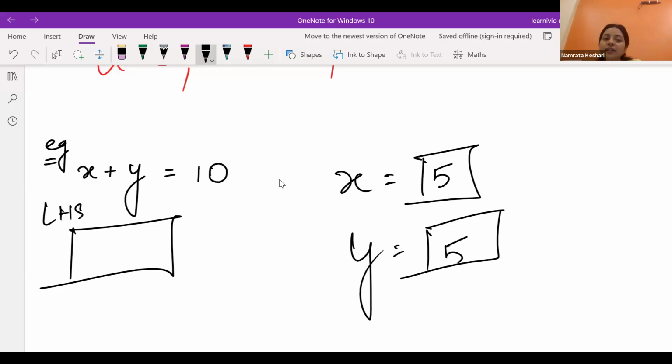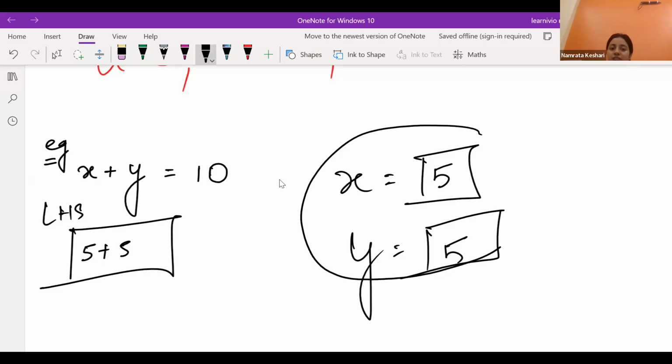In my mind, we can take x as 5, y as 5, and when we add them, yes, we are going to get whatever is there in RHS. Are you getting it? Yes, ma'am. So this is x is 5, y is 5. This is one of the possible answers for this linear equation.